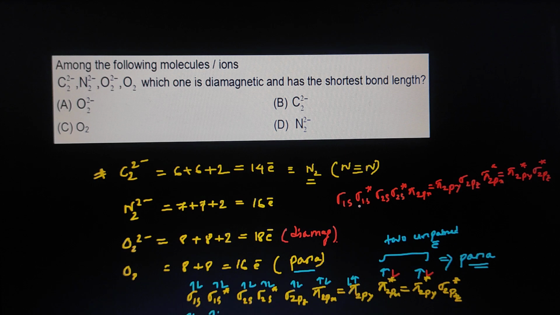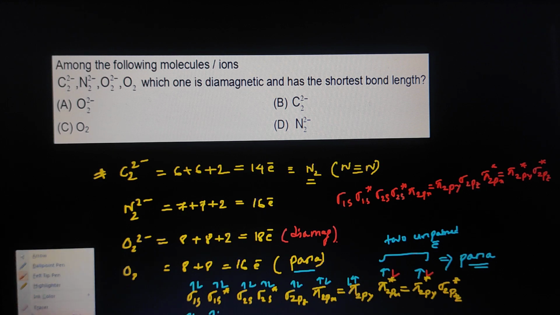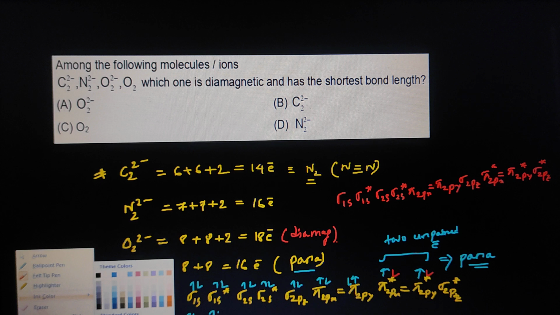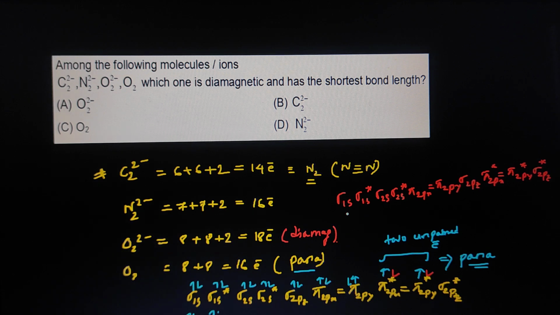Okay, so if we arrange electrons for N2 2 minus, that is 16 electrons, the electrons can be arranged like this: 2, 4, 6, 8, 9, 10, 11, 12, 13, 14, 15, 16 for N2 2 minus.